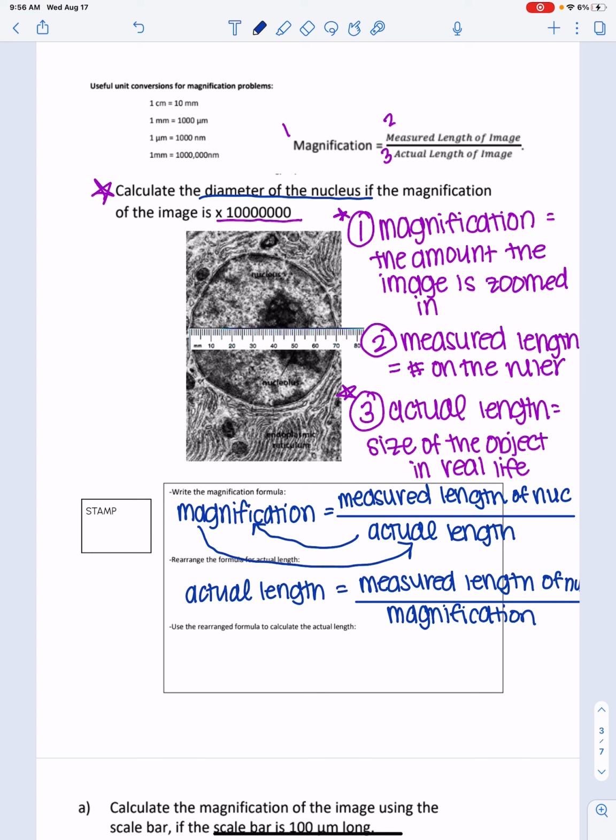Now we're just going to simply plug in those variables. So actual length is equal to our measured length of the nucleus.